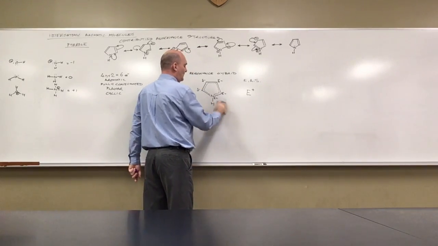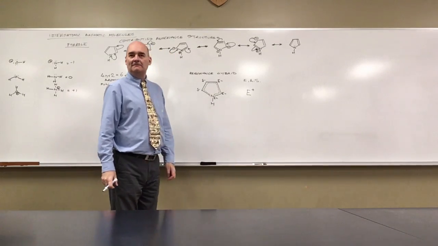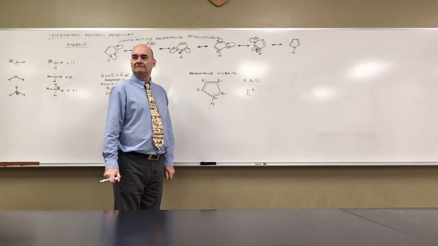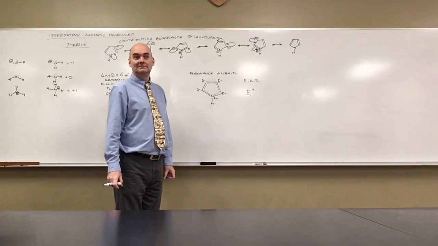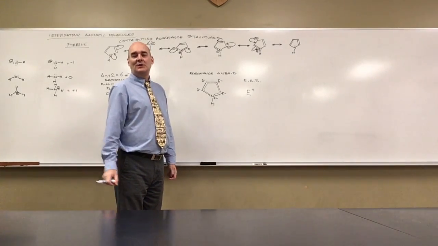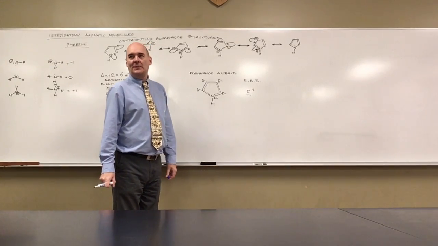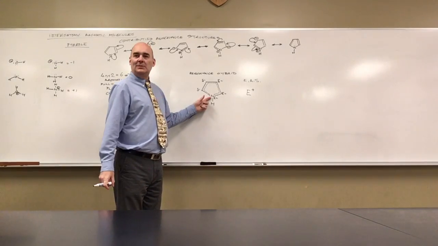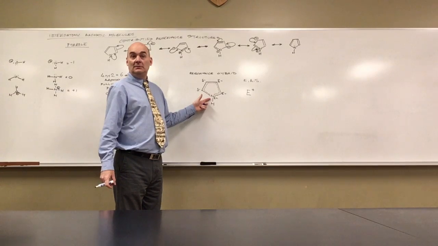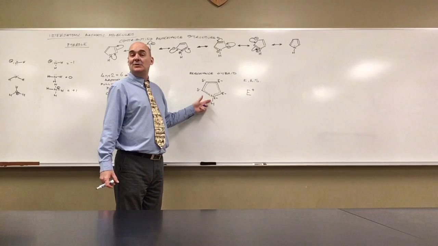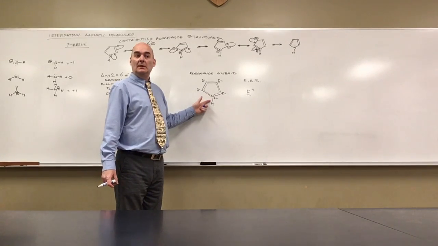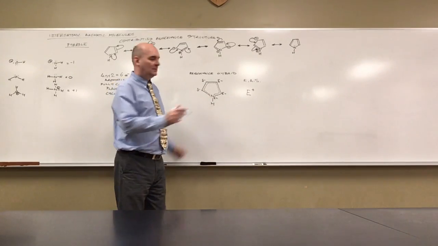So what's carbon number 1? Trick question. There is no carbon number 1. That's the most important place in this molecule because it's the most interesting, so that gets to be number 1. But it's not a carbon.